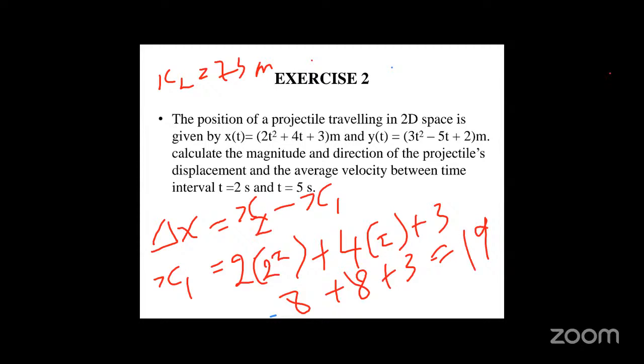So displacement will be 73 minus 19. So that is 54 meters. x is 54 meters. And let's look at displacement along the y-axis.